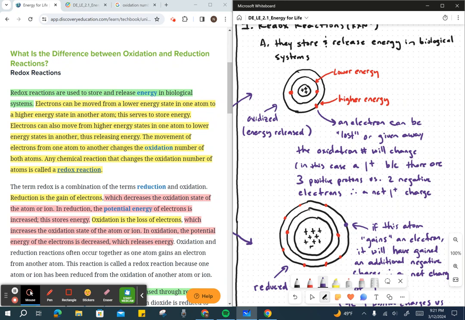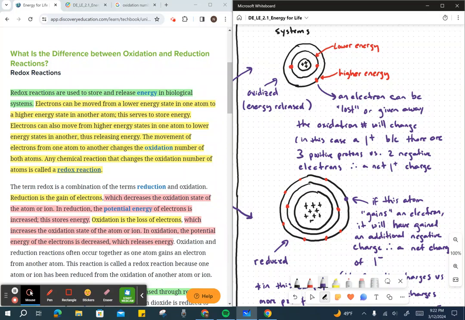to gain stability. And when it loses that electron, if you remember, losing the electrons, we had that expression, Leo the lion says, "Grr, lose electrons is oxidation." So this is an oxidation reaction. When it loses that electron, it's also releasing energy. Now you also have to get comfortable with the idea of oxidation numbers.